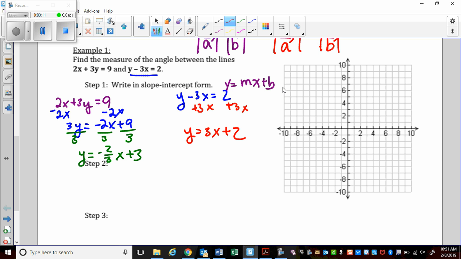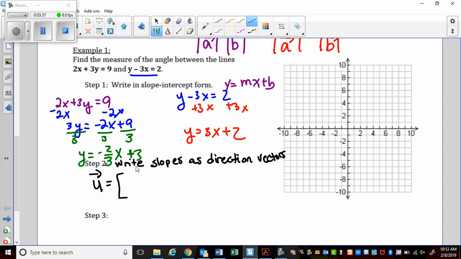All right, my second step is going to be to write the slopes as a direction vector. So this slope is negative 2 over 3. And I'm going to say u, this is going to be my vector, is, and remember we put the x's first, and the slope has the y's on top.